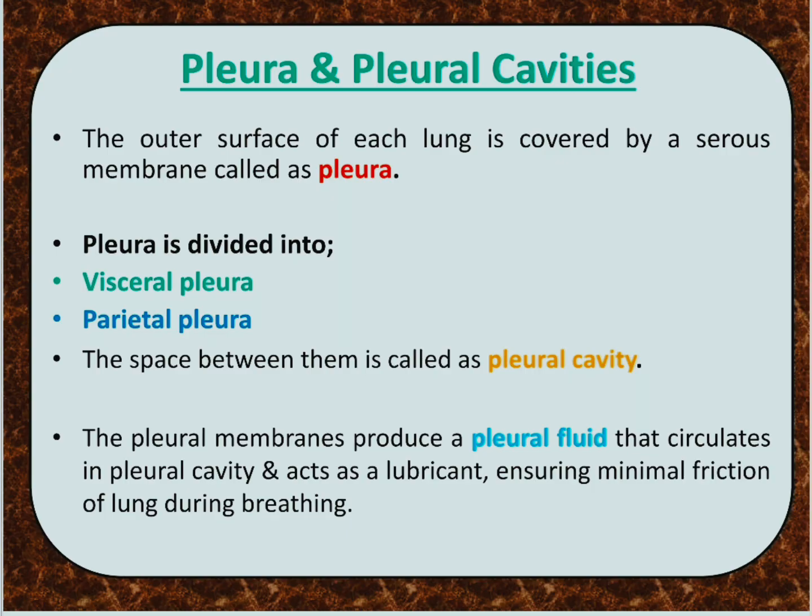The pleural membrane produces pleural fluid that circulates in the pleural cavity and acts as a lubricant, ensuring minimal friction of the lungs during breathing. During breathing, the lungs go up and down, so there is friction, and the fluid helps prevent this.